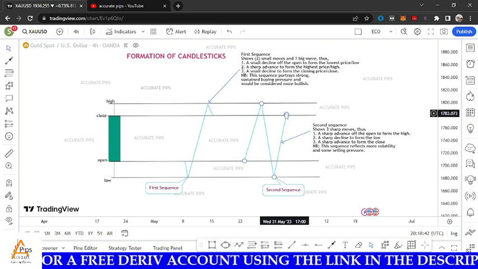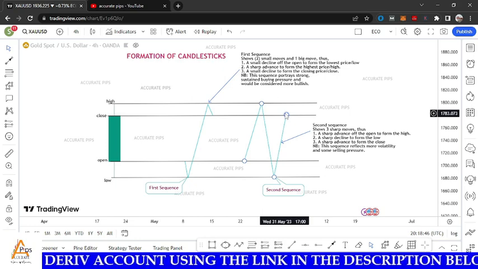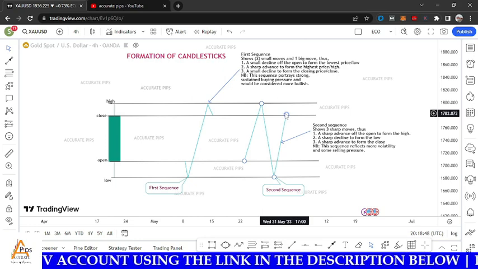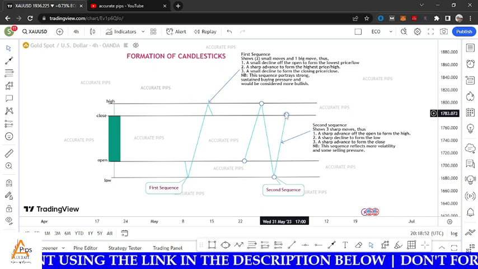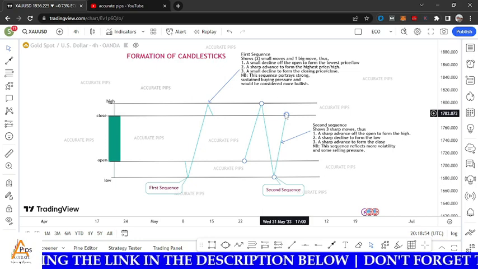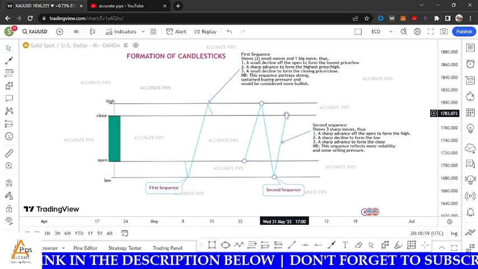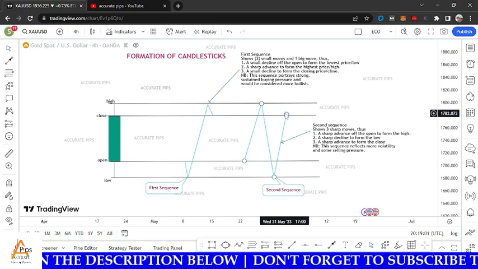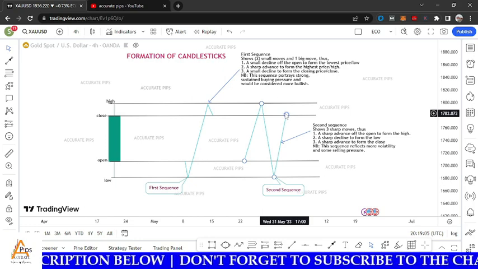We have the harami, the hammer, the shooting star, the evening and morning star, the hanging man, dark cloud cover, and the piercing candlestick patterns. Read about them. I'm not going to talk about them in this lesson. It is a reading assignment, so do well to read on these particular candlestick patterns.